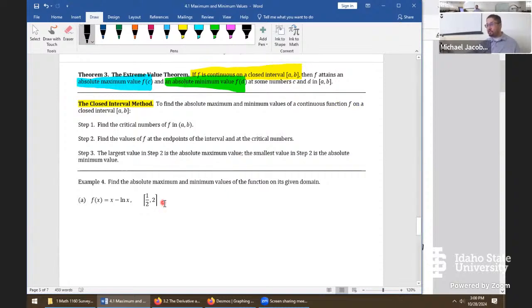Step one for almost all the problems in chapter 4 is always the same. Find the critical numbers of f, and notice how the way it's conveyed. It's an open set AB. So down over here, step one, find the critical numbers in the open set, 1/2 up to 2.